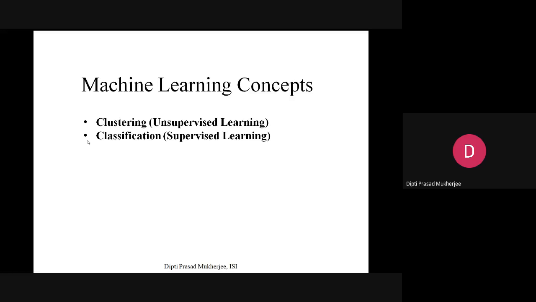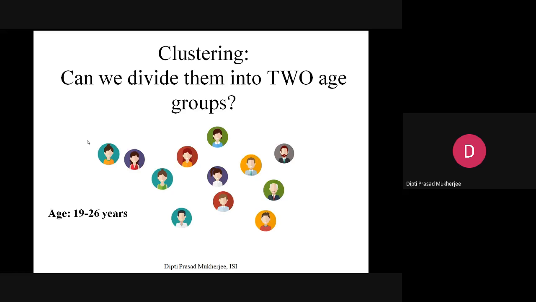So just to give you a very brief introduction on that, I have a set of data points. So assuming this is a group of persons between 19 to 26 years, and I just say that you clustered the data into two different age groups. So you apply a clustering technique.